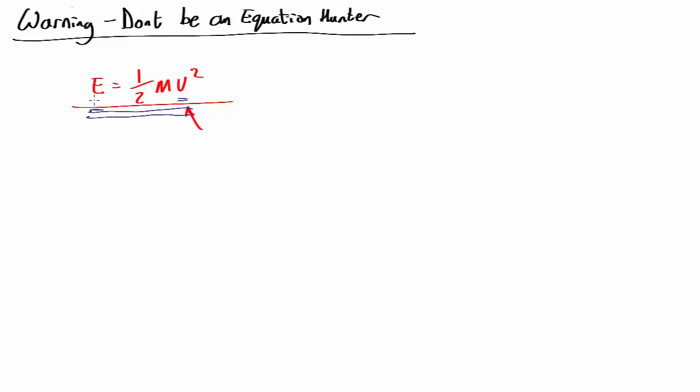This is the energy that it takes to accelerate an object from rest up to a particular velocity, or it's the energy that, if an object is travelling at that velocity and hits something, can be dissipated in some other form. So those are the words that go with this equation.